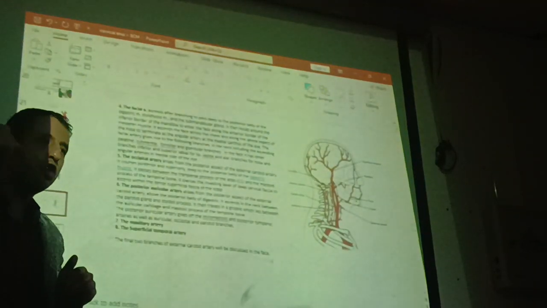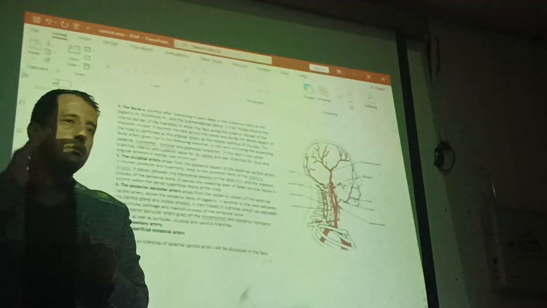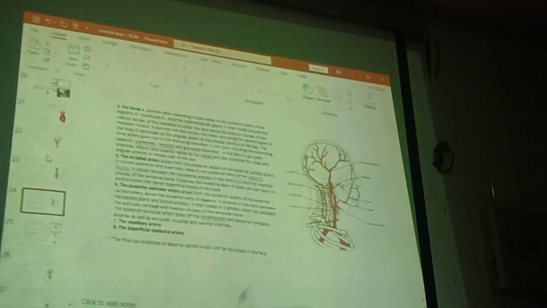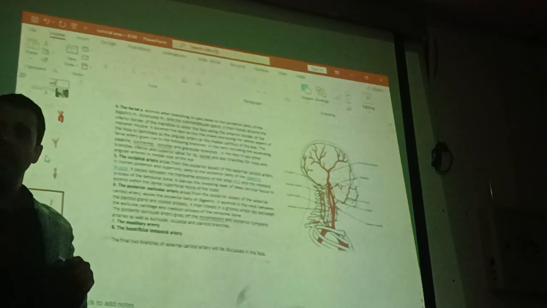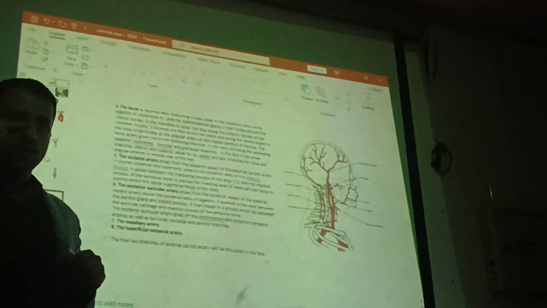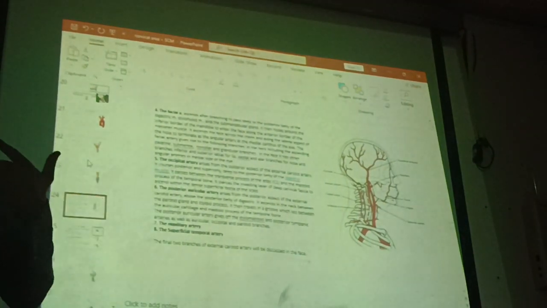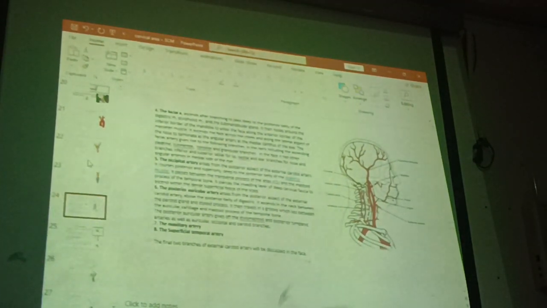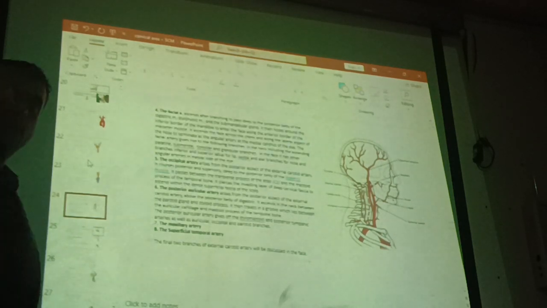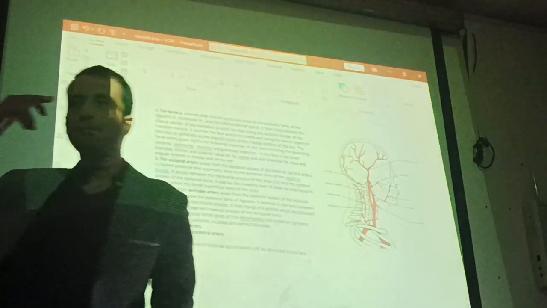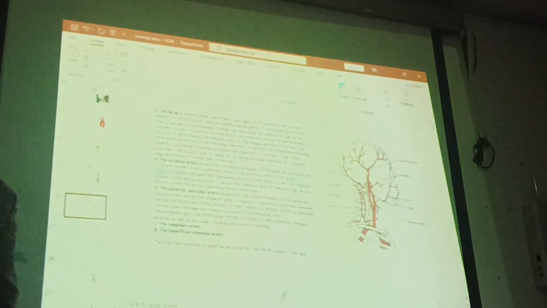When it arrives at the inferior border of the mandible, it travels superiorly at the superficial part of the masseter and buccinator muscles, and arrives here at the angle of your eye, of your orbit. When it arrives at the medial angle of your orbit, it is named the angular artery. At this level this artery connects with the branch of the ophthalmic artery.